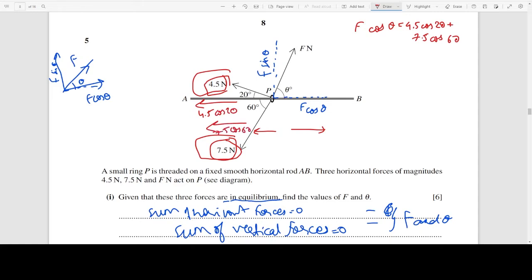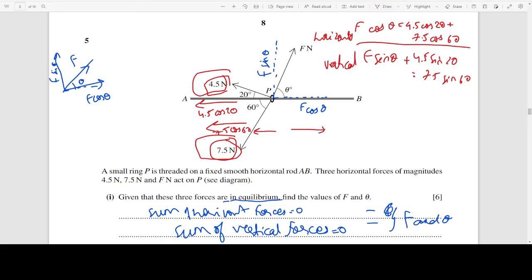So you get this one equation, and the other is F sine theta plus 4.5 sine 20 is equal to 7.5 sine 60, the vertical one. So this is vertical, this is horizontal.